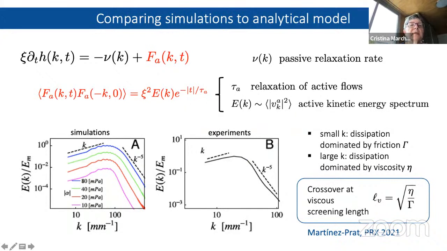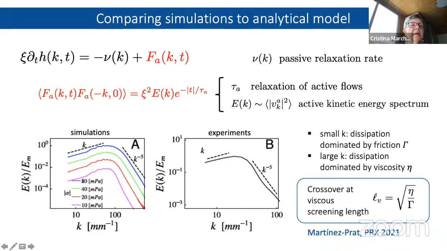We assume it decays exponentially with the time tau_a that describes the relaxation of these active flows. And it has a spectrum here, which is essentially the energy spectrum of active kinetic energy in the system, which we can independently calculate from simulations and measure in experiments.